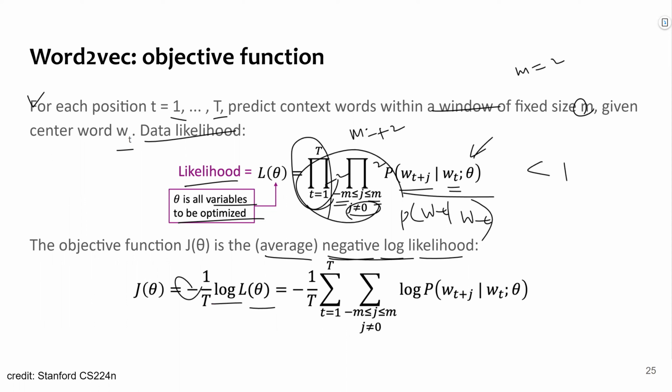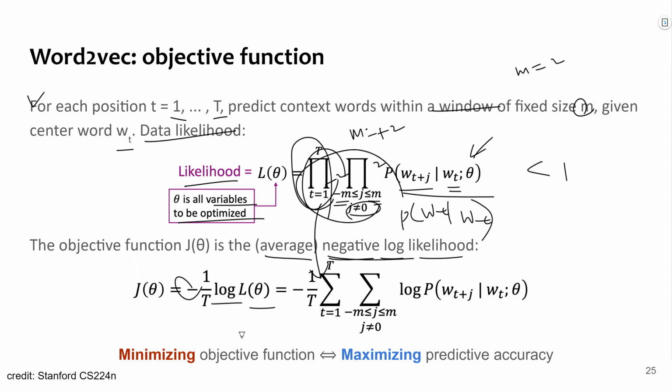This multiplication becomes summation, and the optimization becomes more feasible. Minimizing this objective function is equivalent to maximizing predictive accuracy. This is the predictive accuracy, and this is the objective function.